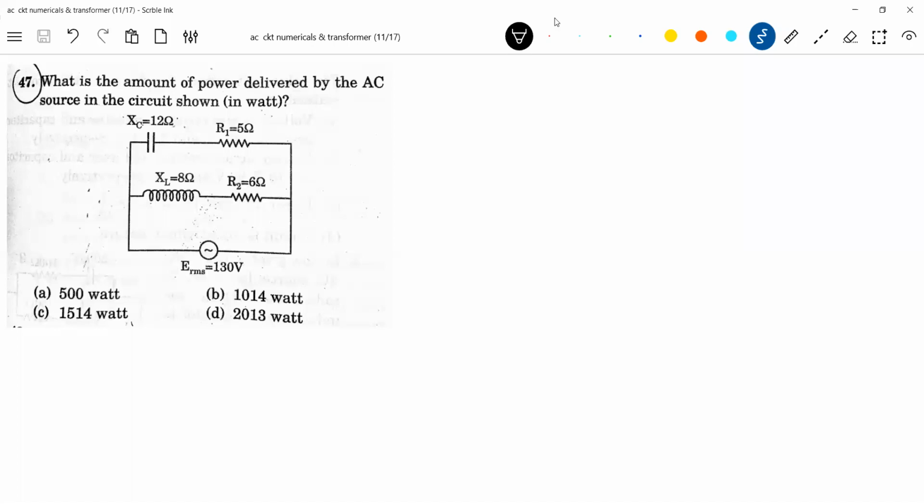So how do you straight away calculate the current I1, I2? I1 is 130 by root of XC square plus R1 square, using ERMS. I2 is equal to ERMS by root of XL square plus R2 square.